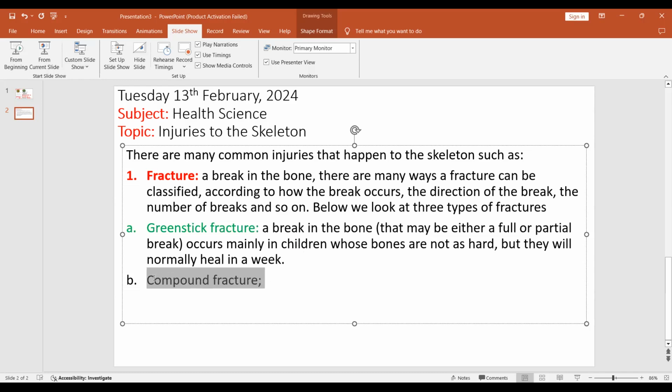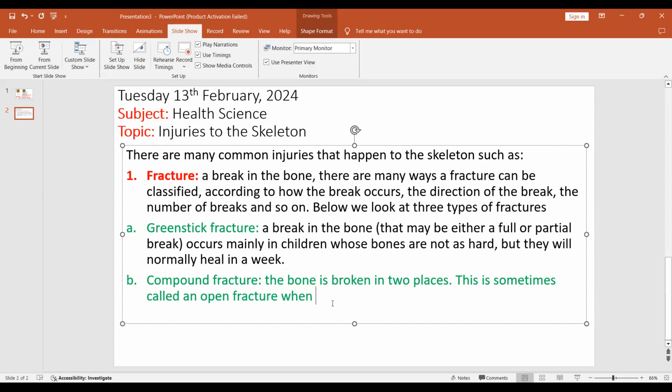And then this one is compound fracture. This is when the bone is broken in multiple places, in 2 places. This is sometimes called an open fracture.